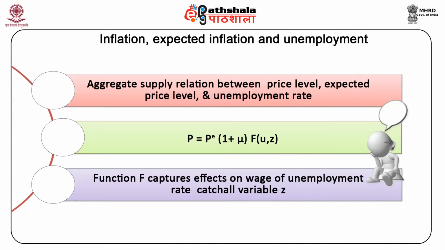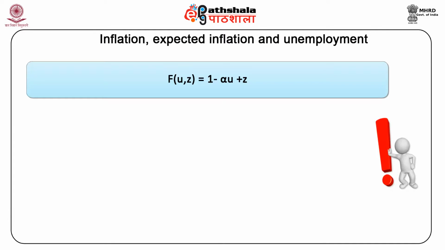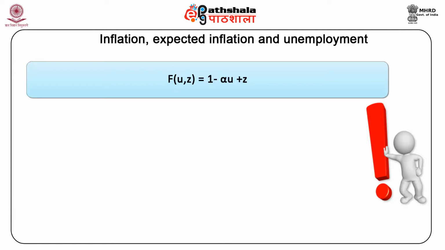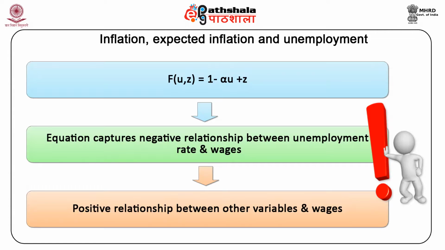In this equation, function F captures the effects on the wage of the unemployment rate U and the catch-all variable Z. F(U, Z) is equal to 1 minus alpha U plus Z. This equation captures the negative relationship between unemployment rate and wages and the positive relationship between other variables, like a more generous employment benefit, etc., and wages.